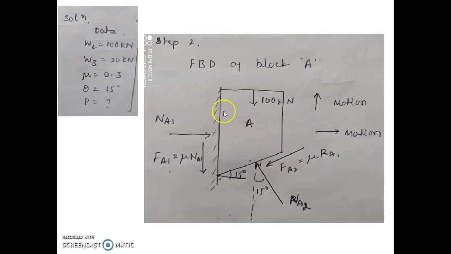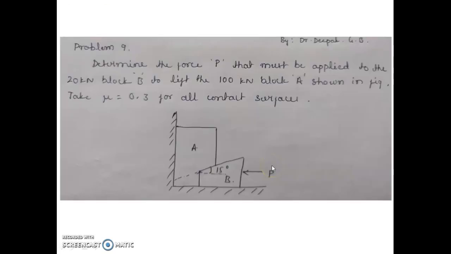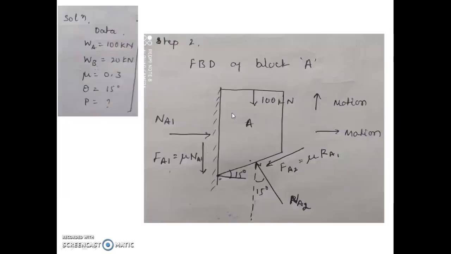It has two contact surfaces, one here and another one here with the wedge. Since the wedge is moving towards the left side, relative to the motion of block B, block A will move towards the right and also in an upward direction. Motion is upward here, and here it is towards the right.